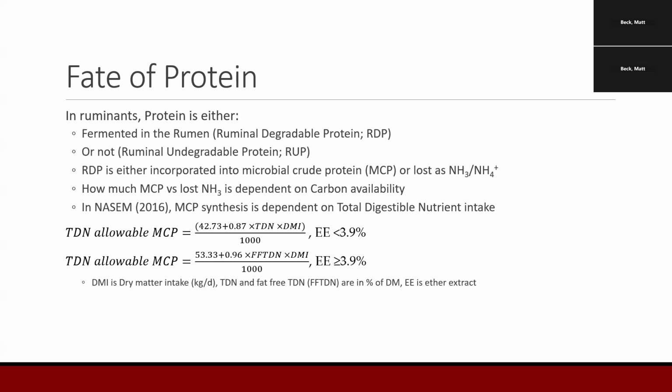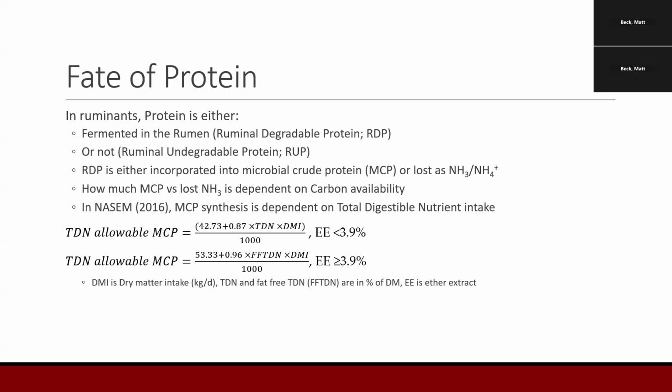So that RDP can either be incorporated into microbial crude protein, so utilized by the microbes in the rumen to allow them to replicate, to make amino acids, and then that animal can use that microbial crude protein once it gets digested in the small intestine to support the metabolizable protein needs of the animal.